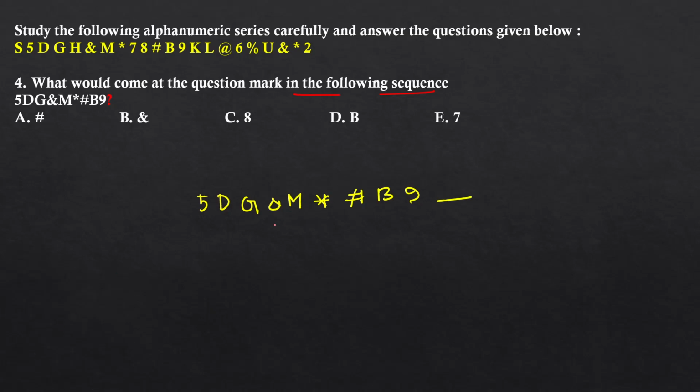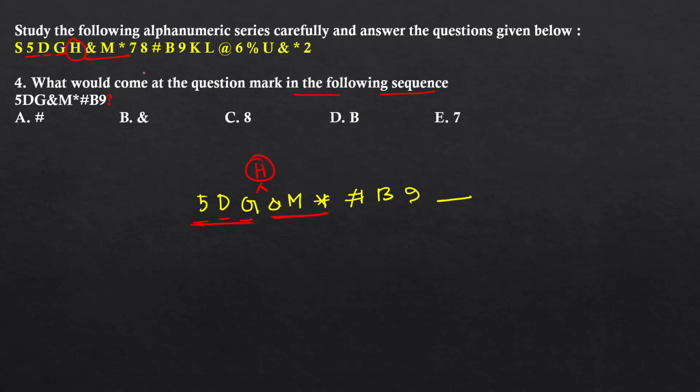Now we have to understand the sequence. Okay, 5DG at first. Then ampersand M star. So they skipped H. There should be H, but they skipped. Now ampersand M star is done.